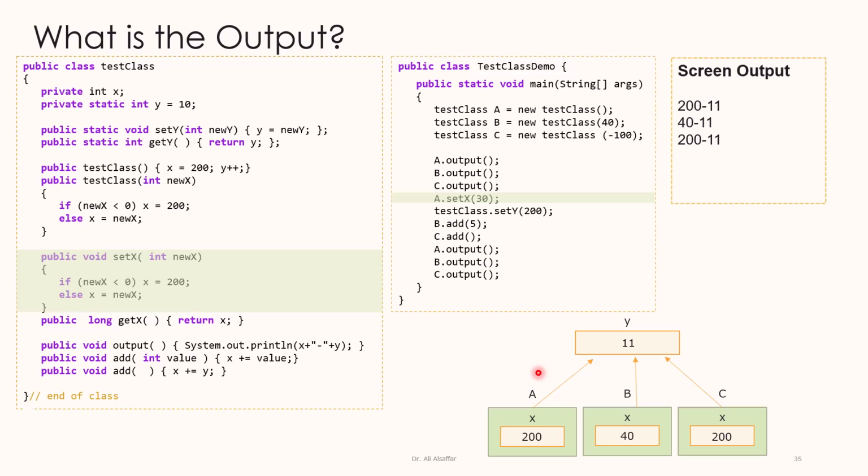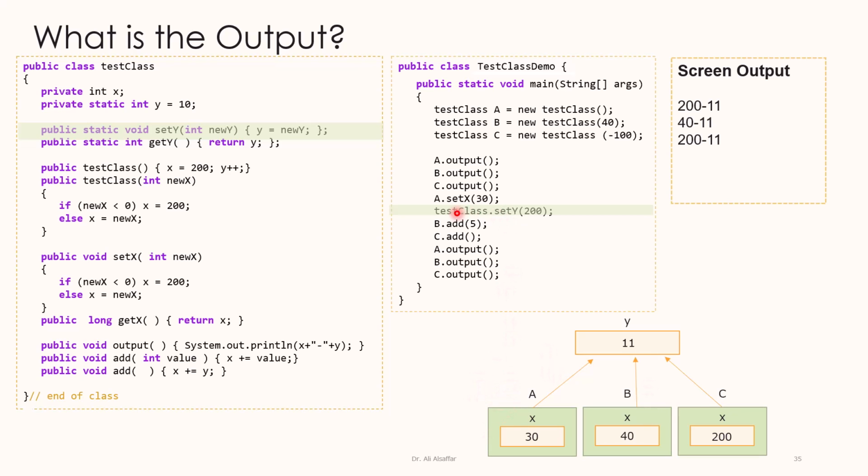The current value of x is 200, so this method will replace 200 by 30, and you can simply draw over 200 and write 30. So erase 200 when you have the drawing on your paper. Just erase 200, cross it out, and write 30 on it. And this is what we have done on the picture of the object A.